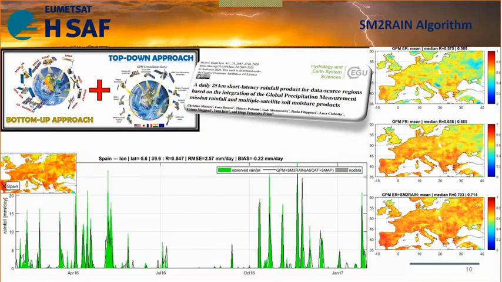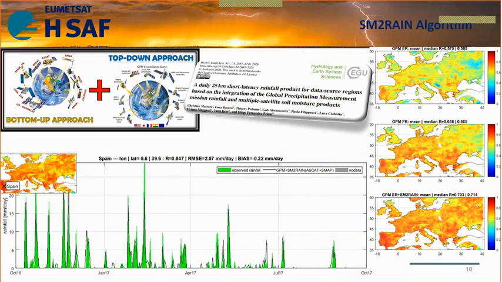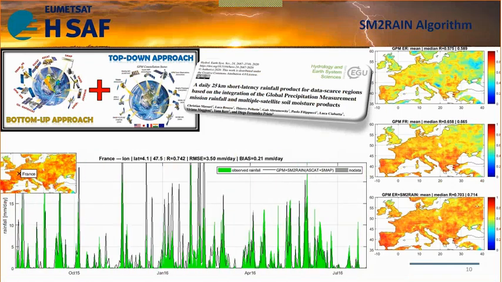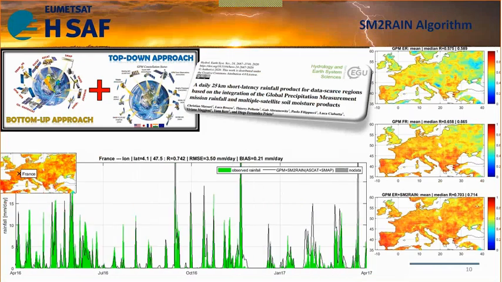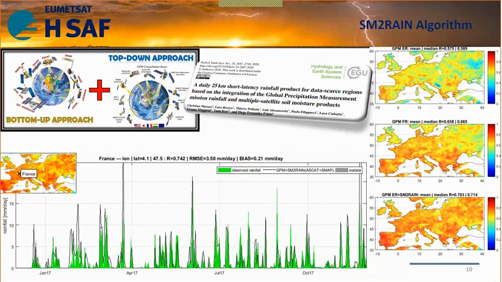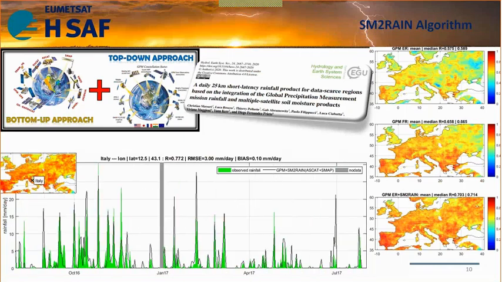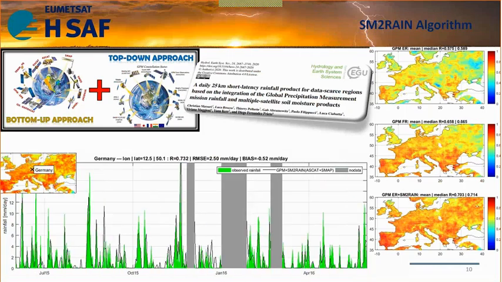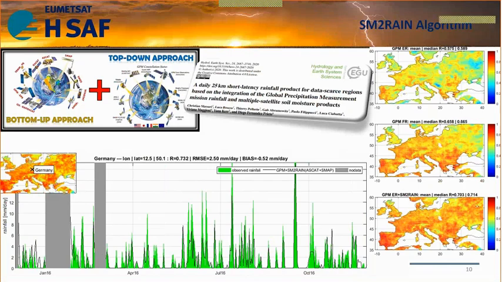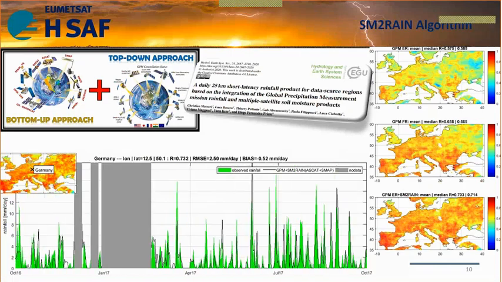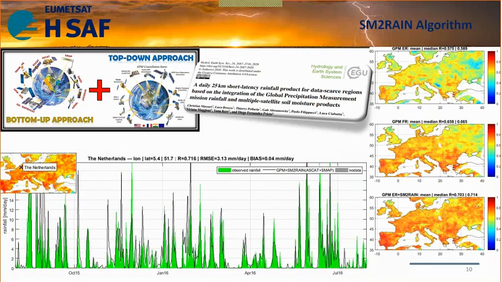One of the last applications is related to the integration of SSM-derived rainfall and a top-down approach, so a classical state-of-the-art rainfall product. In this case, we use the GPM Early Run product to integrate its rainfall estimate with the one obtained through SSM-derived.